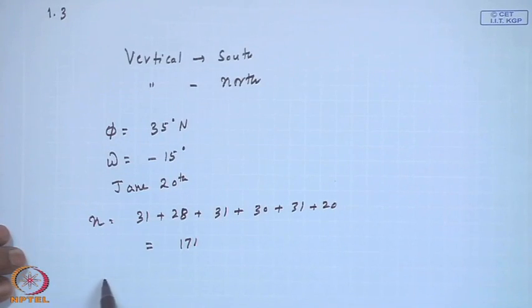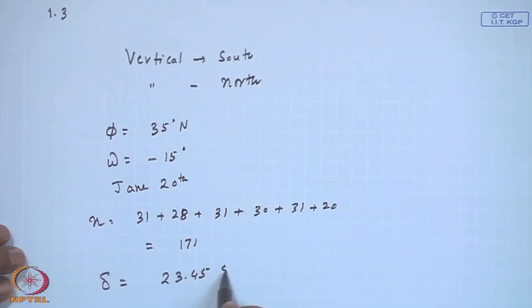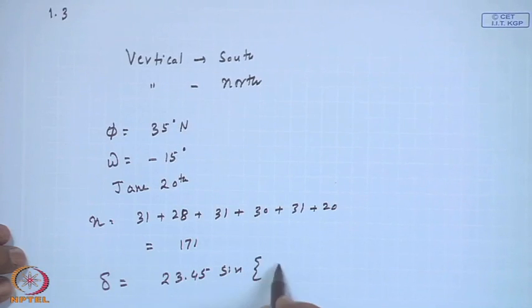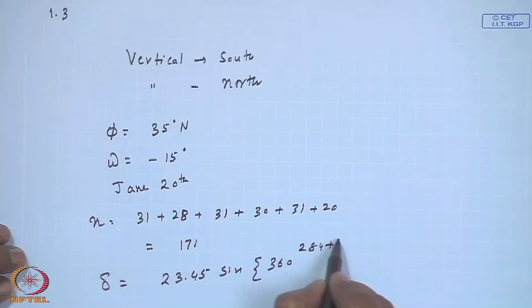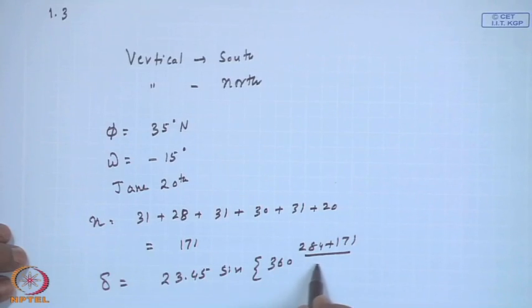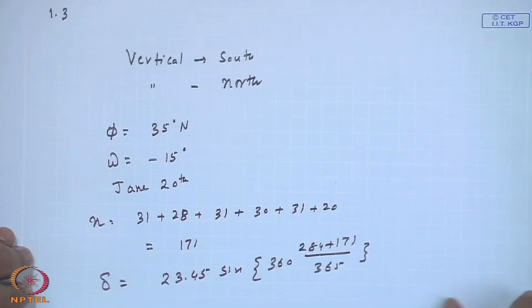So, that my declination delta is given by 23.45 sine of 360 times 284 plus 171 upon 365. Okay.